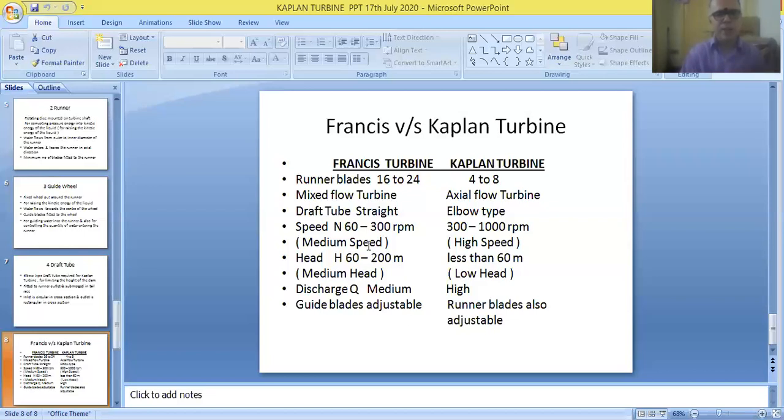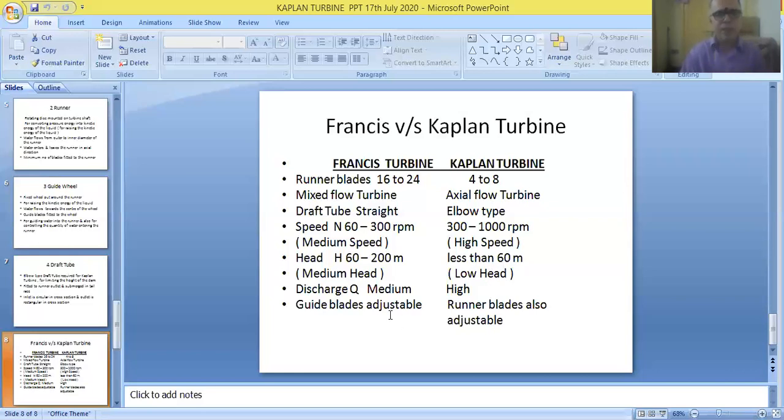The shaft of the Francis turbine will be operating at around 300 RPM, and the KAPLAN turbine will be operating at around 1000 RPM. And the Francis turbine will be using around 200 meters of energy present in the liquid. The KAPLAN turbine will be using only around 60 meters of energy that is present in the liquid.